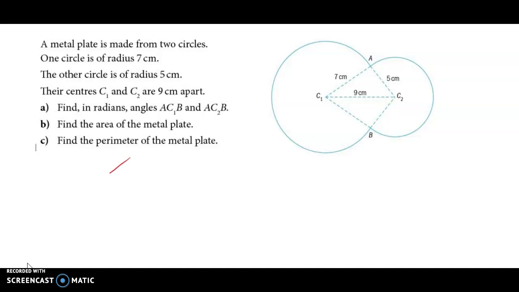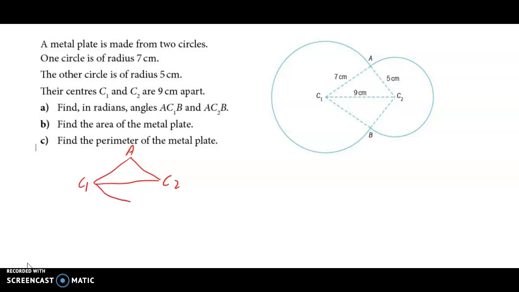Okay, let's try to draw these triangles. So let's say this is A, C1, C2.